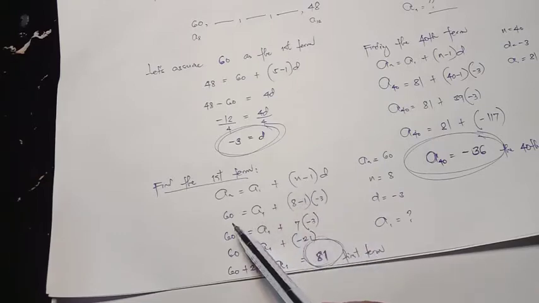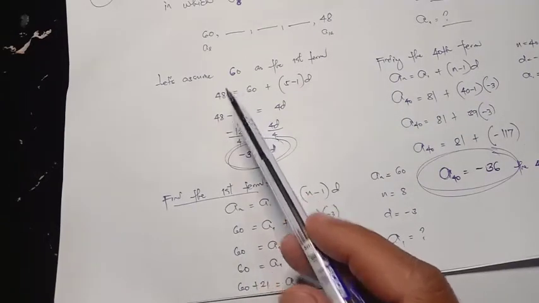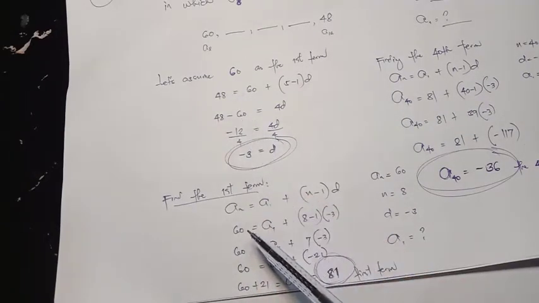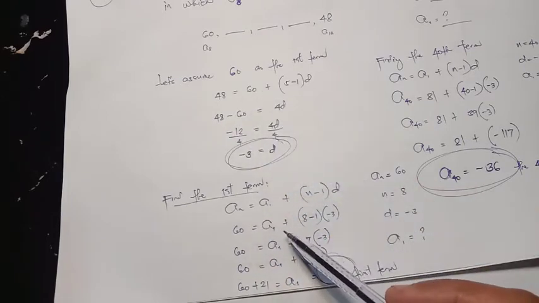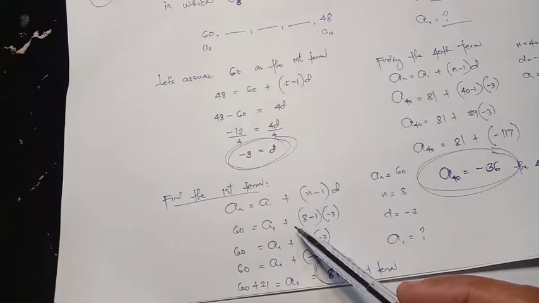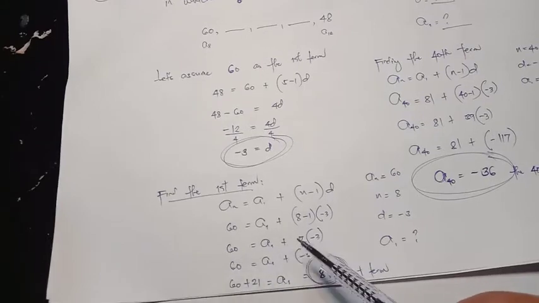So the 60, which is the 8th term, equals a sub 1 plus, from the first term to the 8th term, there are 8 terms.